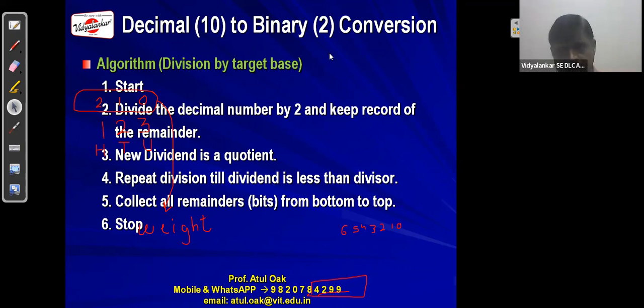The basic algorithm for converting decimal to binary is as follows.